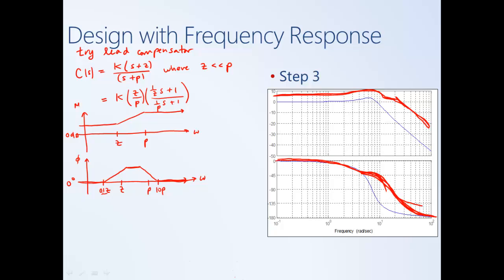And so by the addition of our controller to our plant, you can see that we meet all of our goals. So we get more DC gain, which helps reduce the steady state error. The gain crossover frequency is where we cross 0 decibels. So we push that out to a higher frequency.